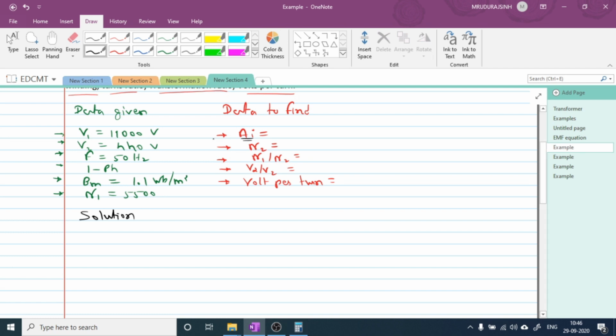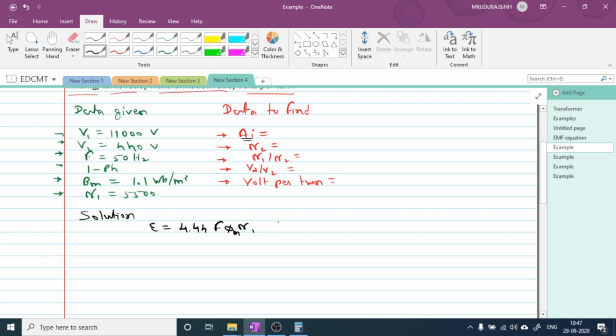Just remember the equation for induced EMF: E is equal to 4.44 F phi N1. The flux represented here is basically the maximum flux.